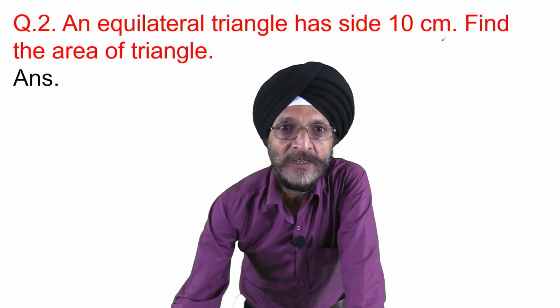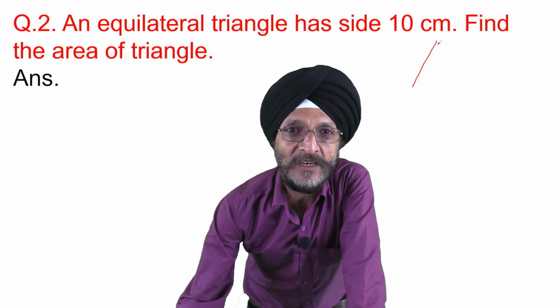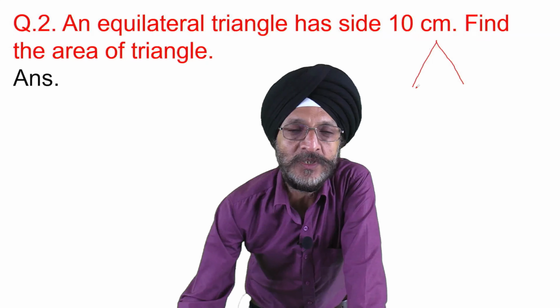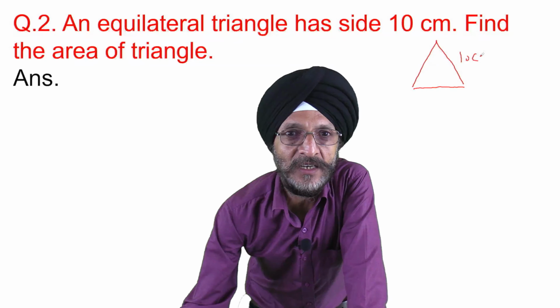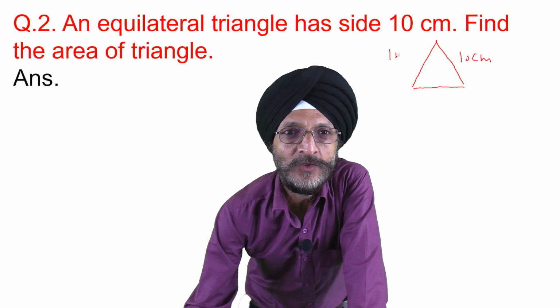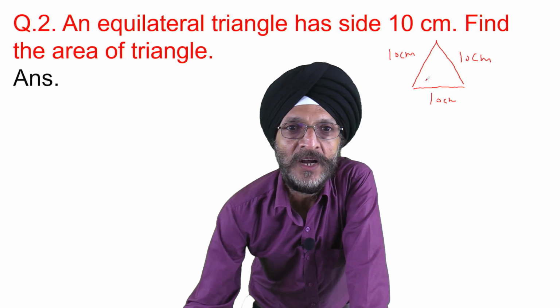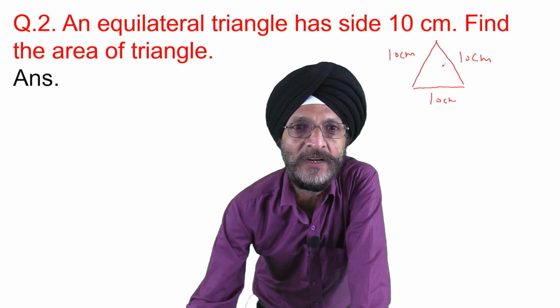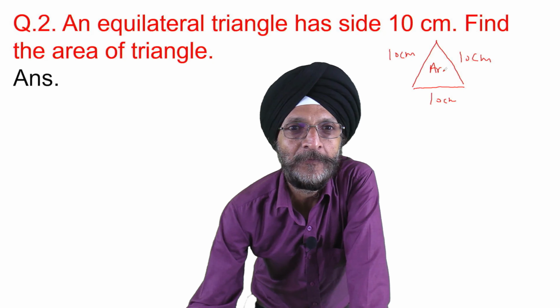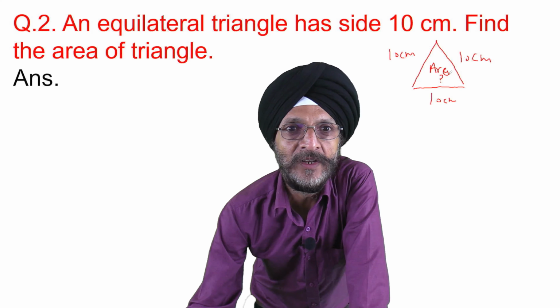It means that all the sides are 10 centimeter, because in an equilateral triangle all the sides are equal. So this is the equilateral triangle, all the sides are equal. We have to find the area of the triangle.